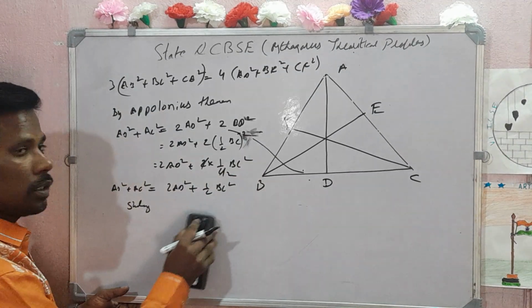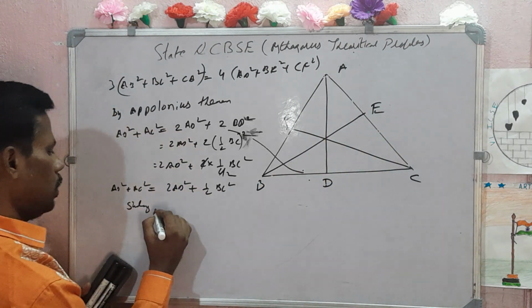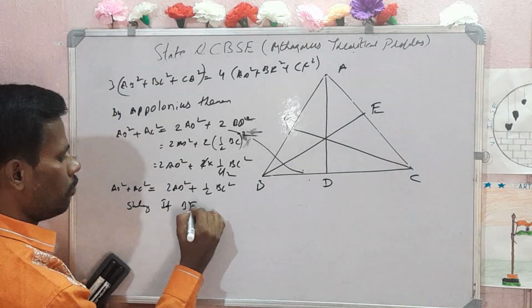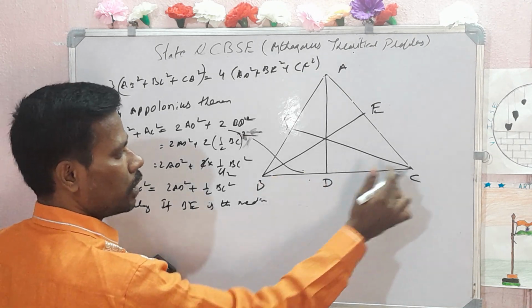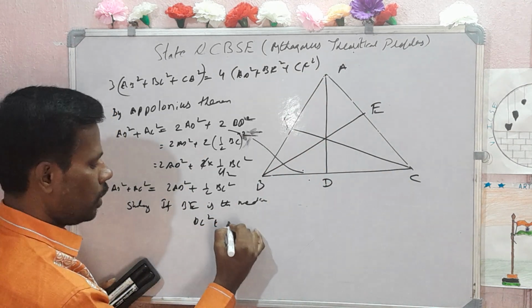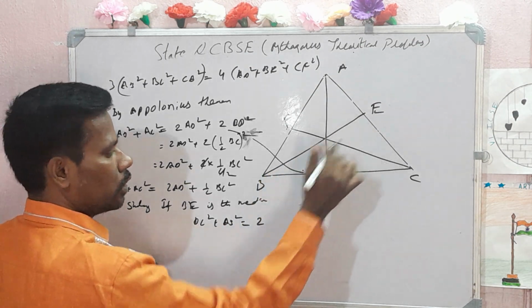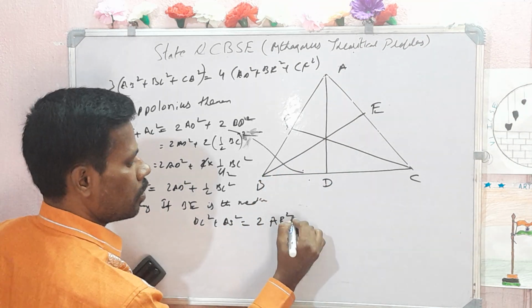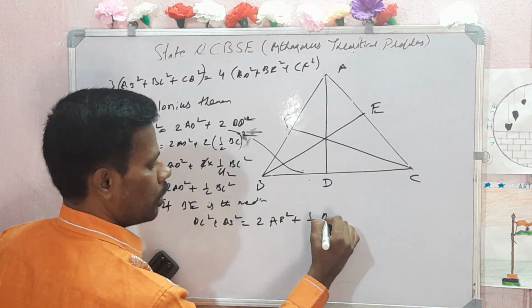In the same way, if BE is the median, next what you can say? BC square plus AB square is equal to twice BE square plus similarly half of AC square.